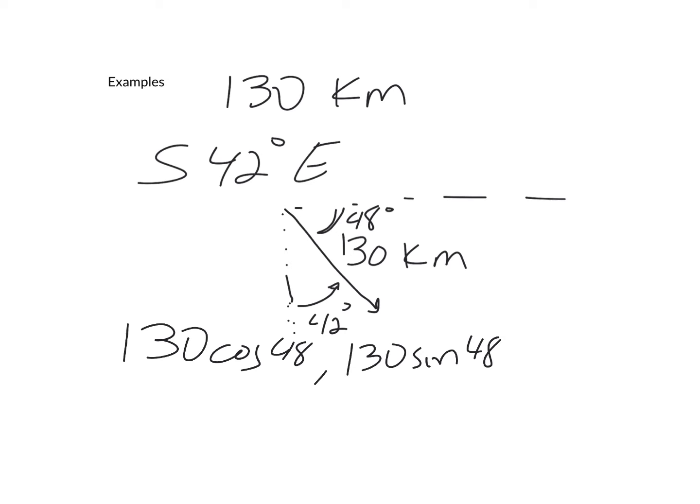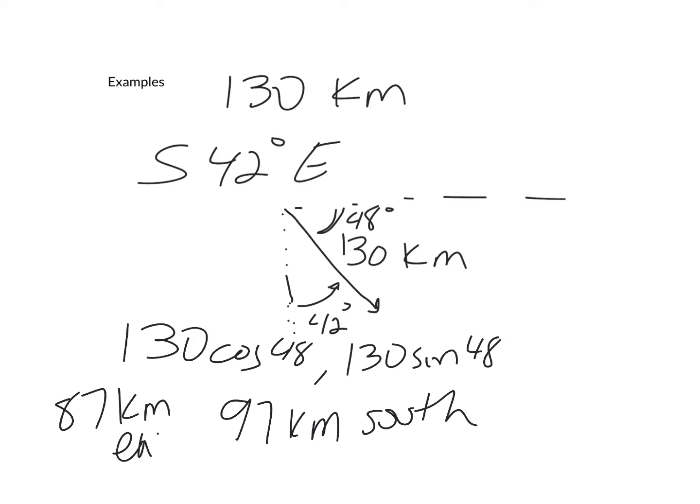When you get that, you'll know that you went 97 kilometers south, based off the sine of 48 times 130. And then you also went east, so you went 87 kilometers east.